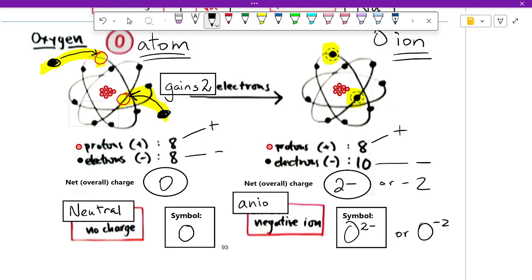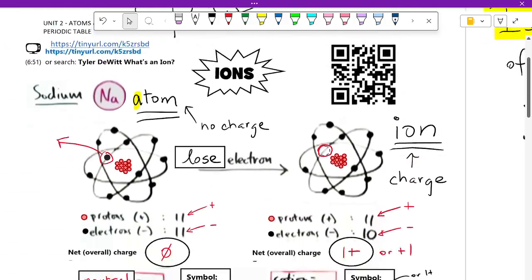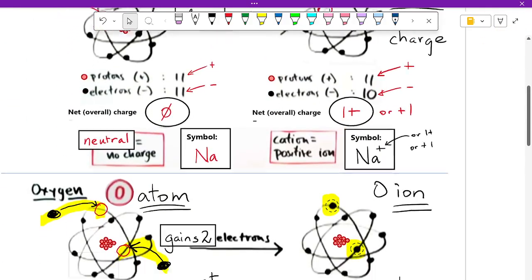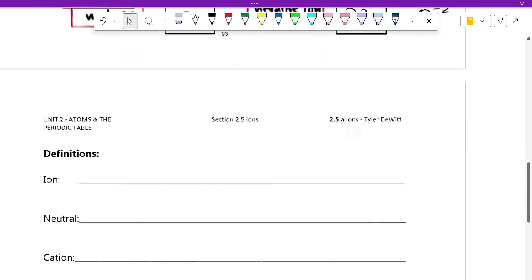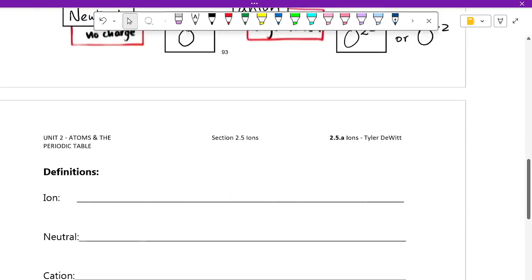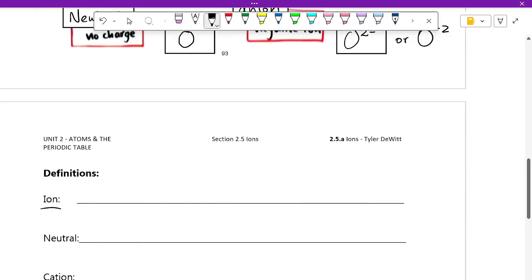Anion. And I think I forgot that on the previous page. It's already there. Cation's already there. Never mind. What is the definition of an ion?